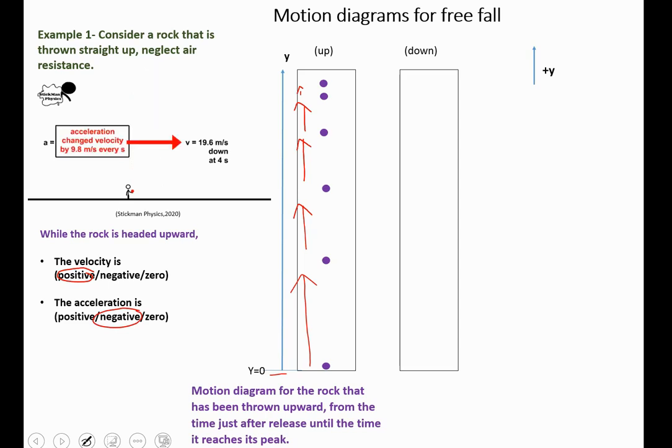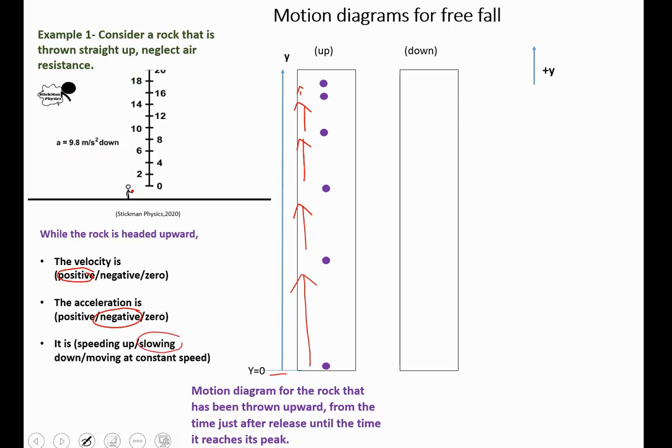Now, is it speeding up, slowing down, or moving at a constant speed? What do you think? In the motion diagram, you can see the distance the object travels every interval of time is decreasing, and that means the object is slowing down while moving up.